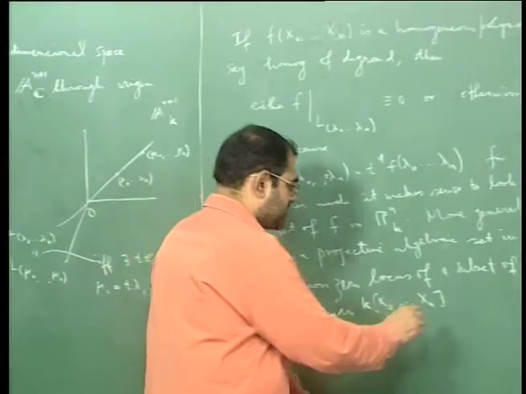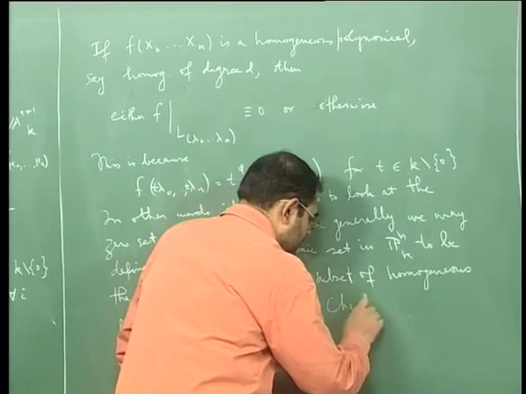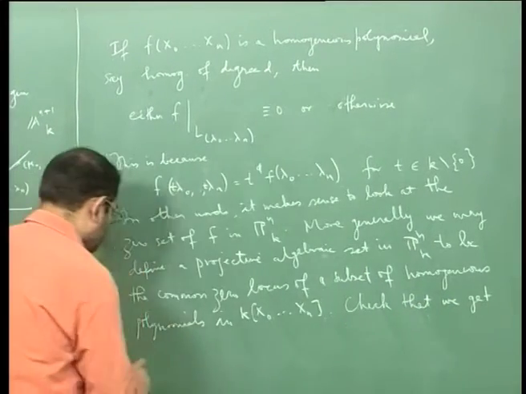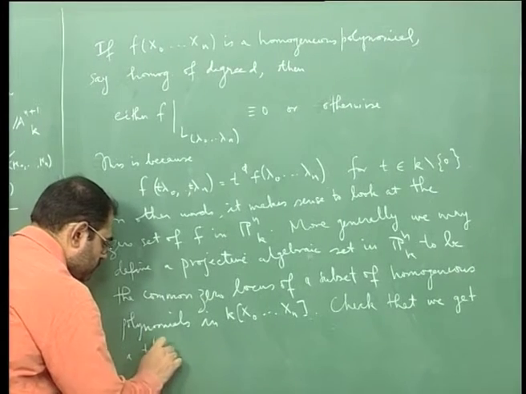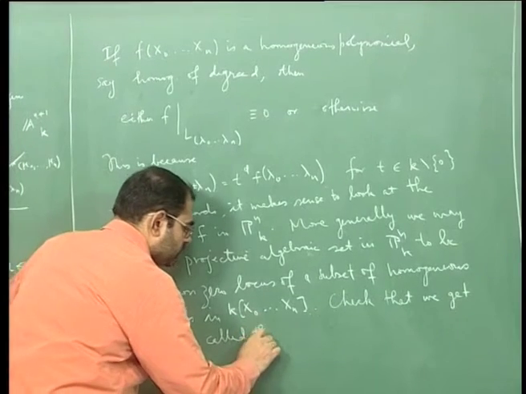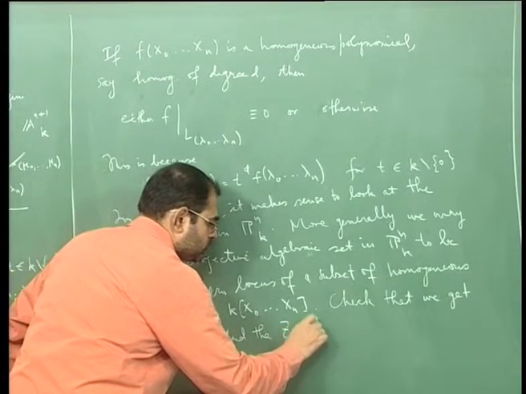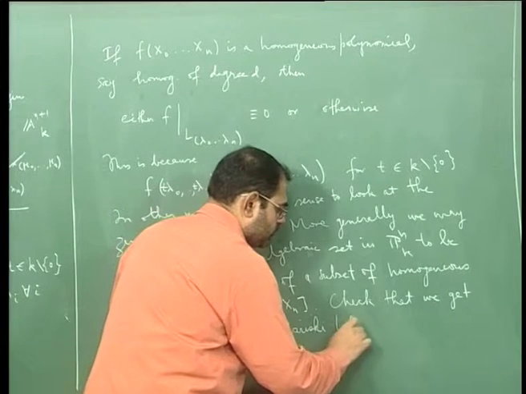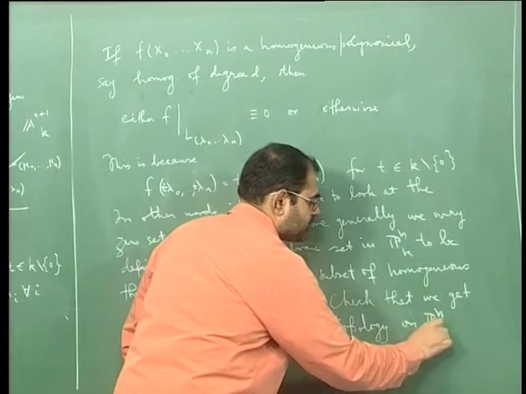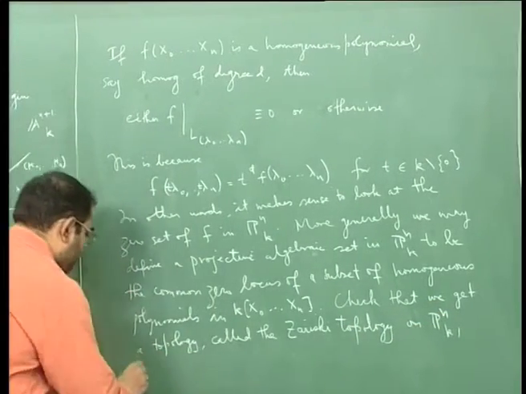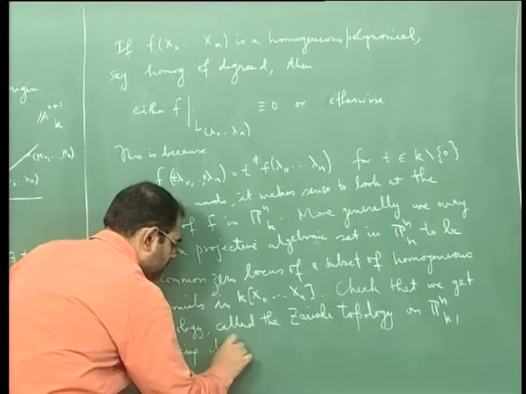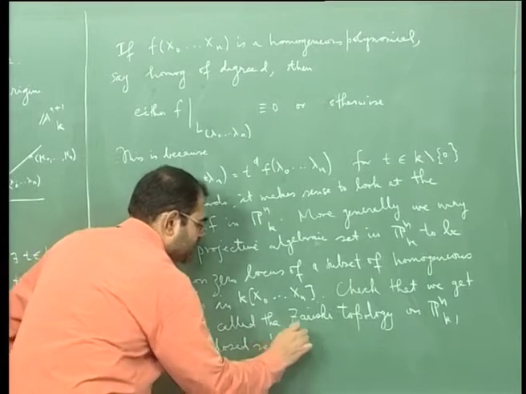You can check that we get a topology, called the Zariski topology, on projective space by taking closed sets to be projective algebraic sets.